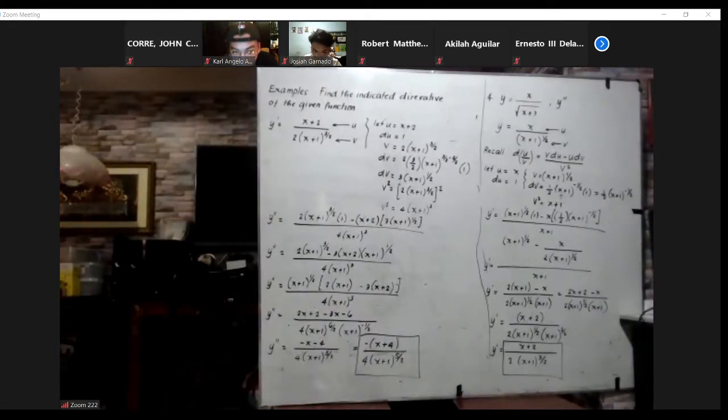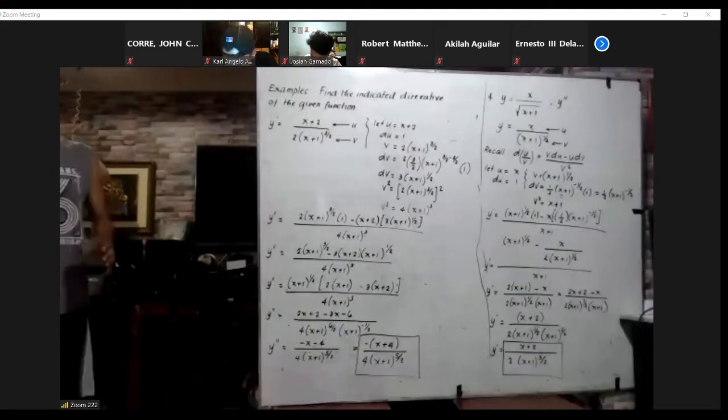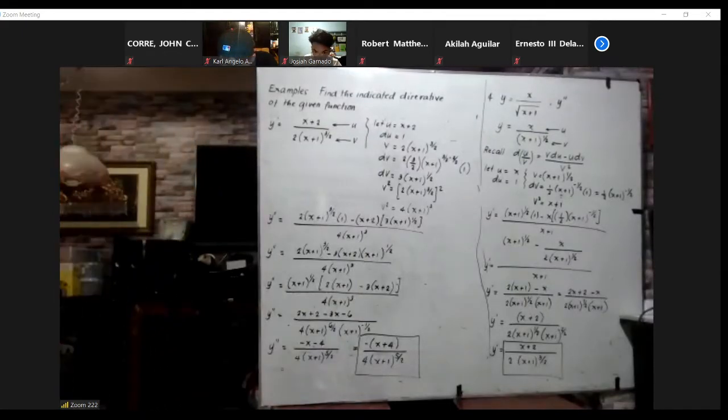Then we have 3 times x plus 2, then x plus 1 raised to 1 half. Okay, all over 4 times x plus 1 cubed. Factor, so that is x plus 1 raised to 1 half times 2 times x plus 1, then minus 3 times x plus 2.